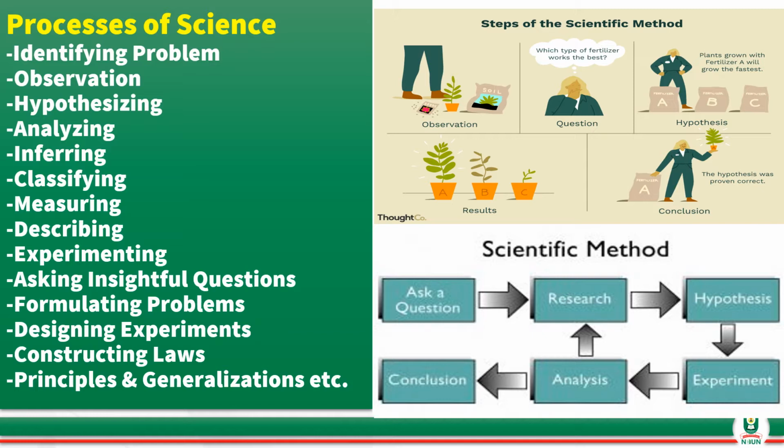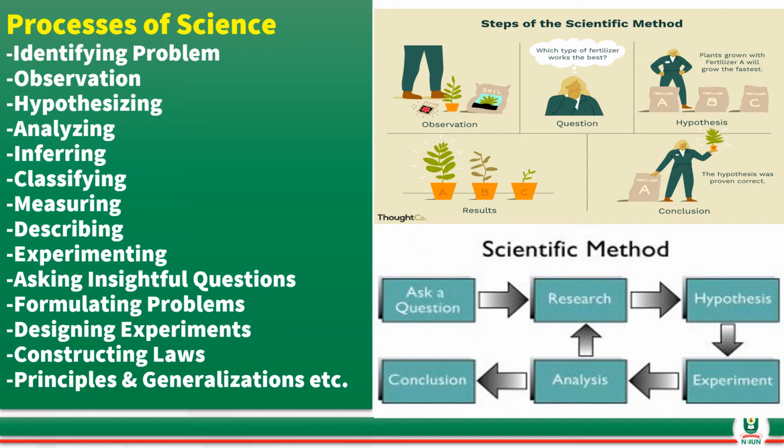Measuring, they measure. Describe. Scientists should be able to describe whatever they have seen, whatever they observe. Experimenting, or you say experimentation. So it is important that scientists go through experimentation. There are a lot of instruments, a lot of apparatus that are used during experimentation. They also go to the extent of asking insightful questions, meaningful questions.